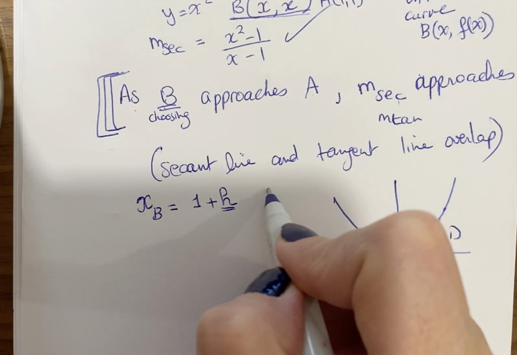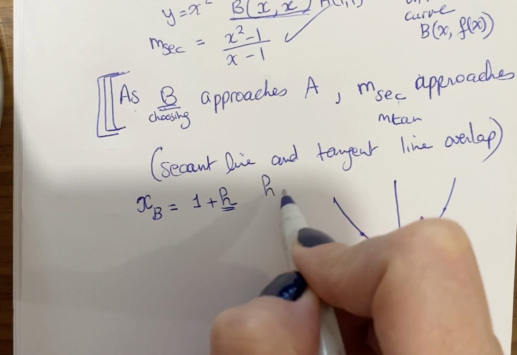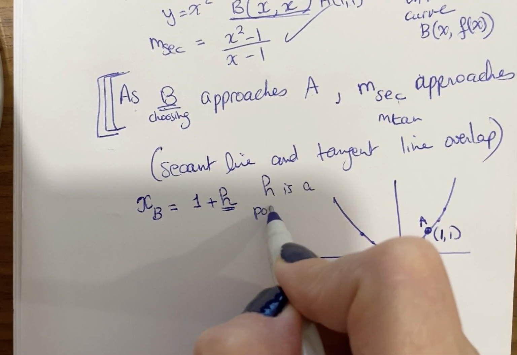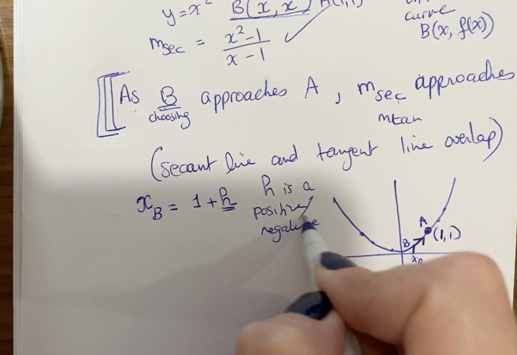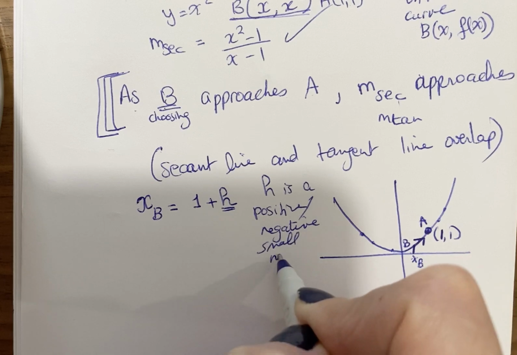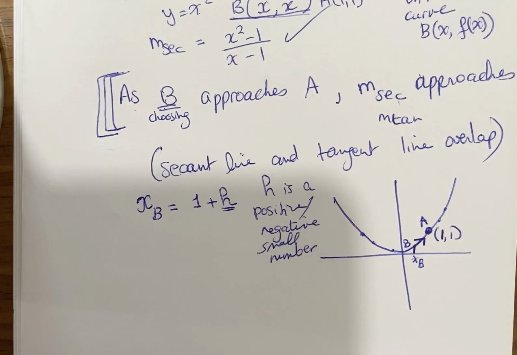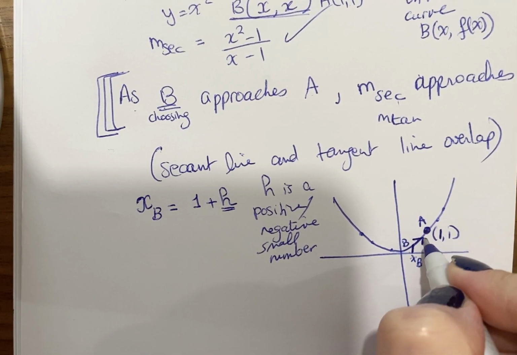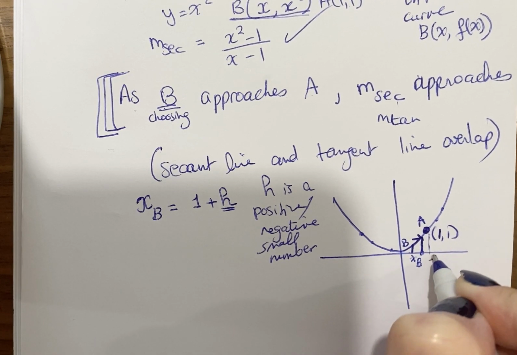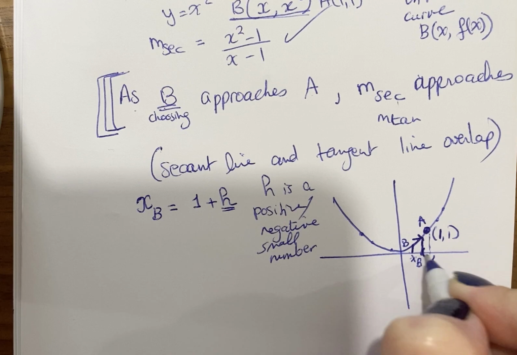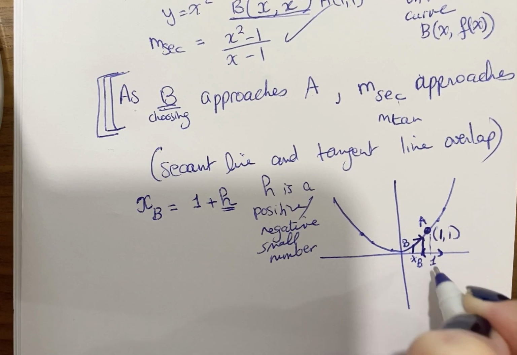So this H can be positive or negative, but it's a small number. So if this is 1 minus a small number, we will be here, plus a small number, we will be here.